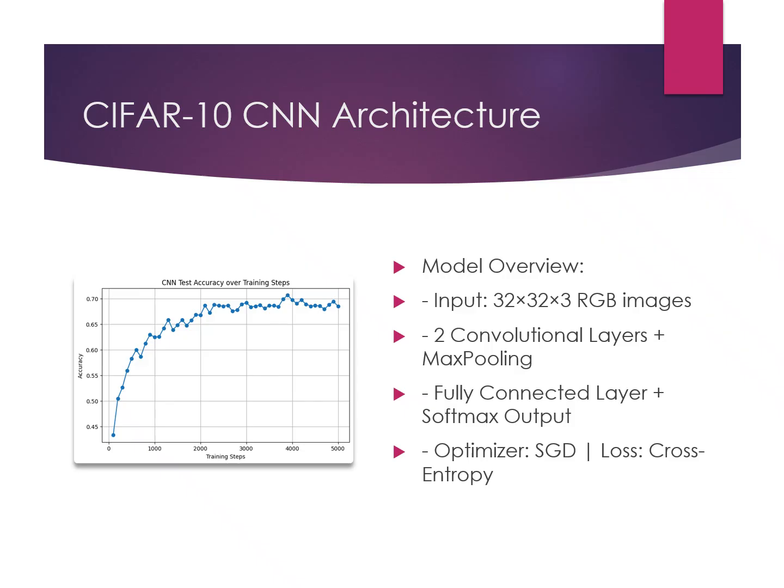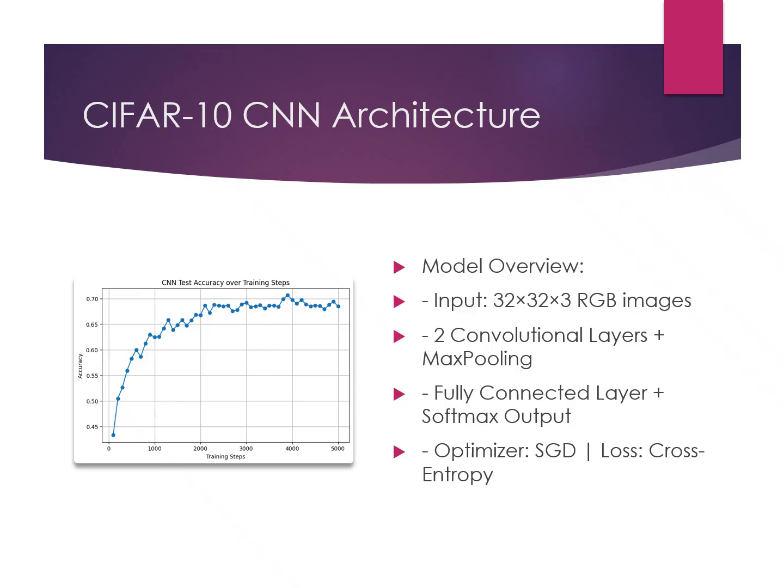Convolution layer 1 has 32 filters of size 5x5, followed by ReLU activation. Then I used a max pooling layer, 2x2 pooling, to reduce spatial dimensions. Next, convolution layer 2: there are 2 convolution layers plus max pooling in each. Convolution layer 2 has 64 filters of size 5x5, again followed by the ReLU activation function.